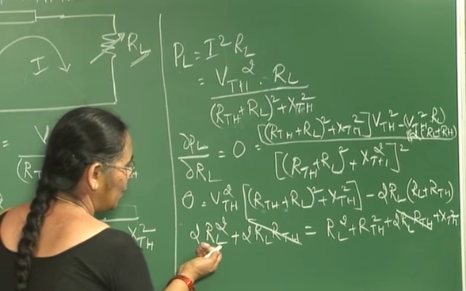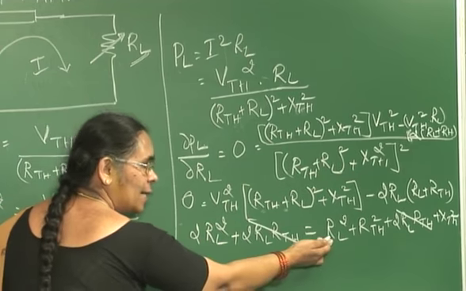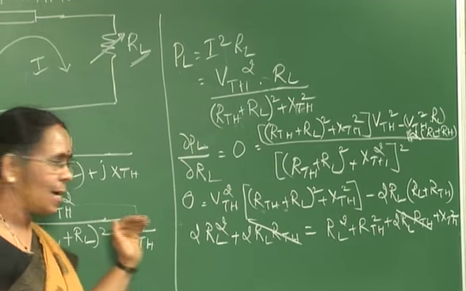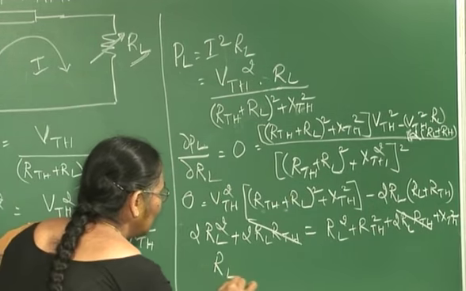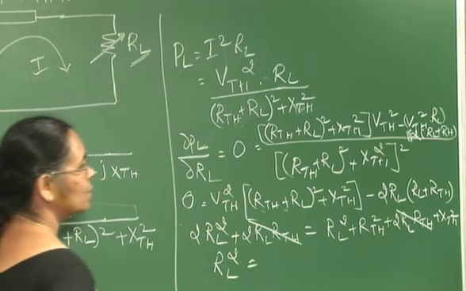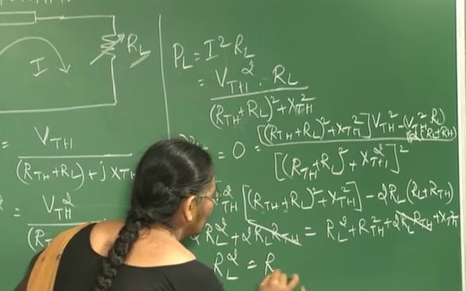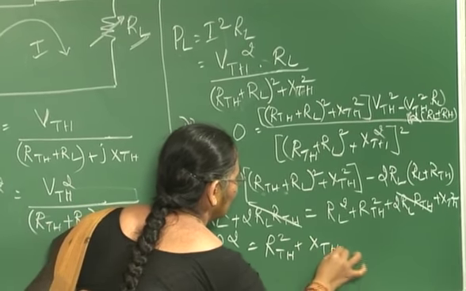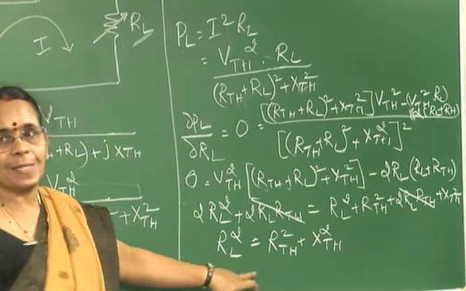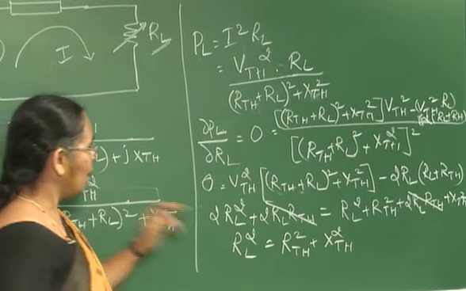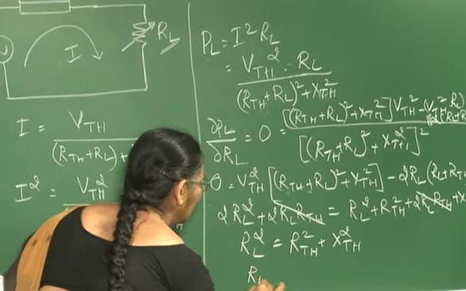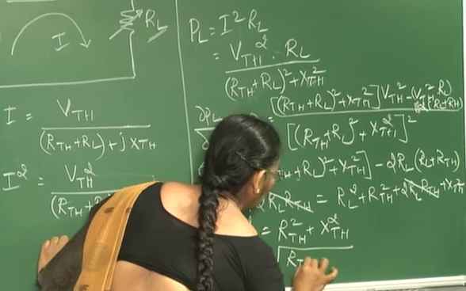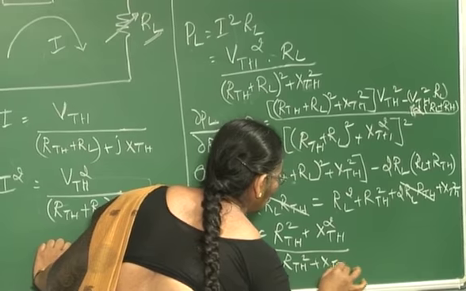Here I have 2 RL square on the left and RL square on the right, so 2 RL square minus RL square gives RL square, which is equal to R Thevenin square plus X Thevenin square. So RL is equal to the square root of R Thevenin square plus X Thevenin square.